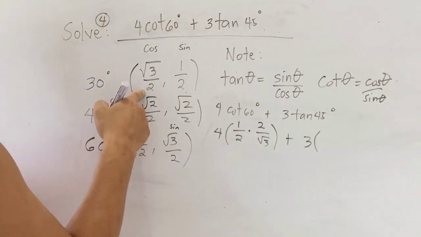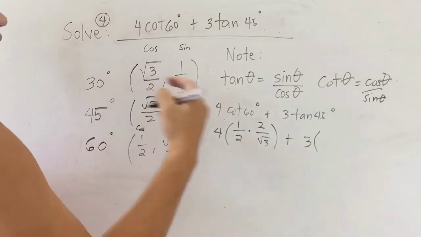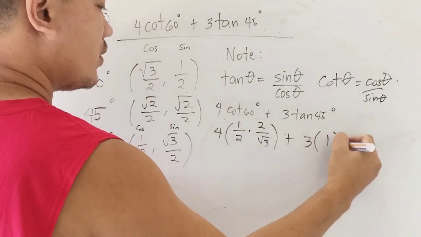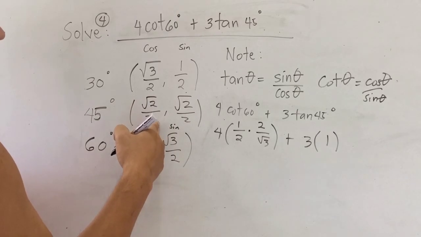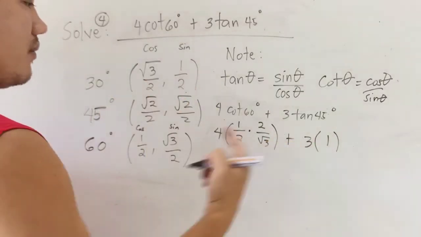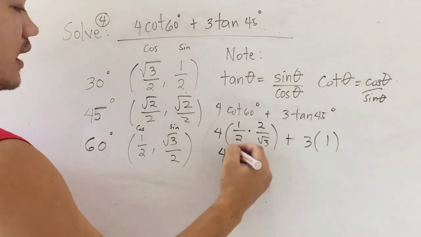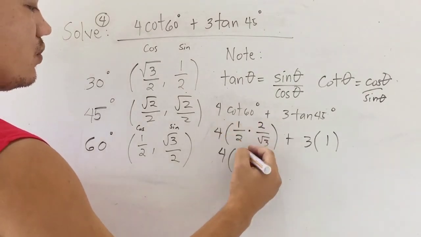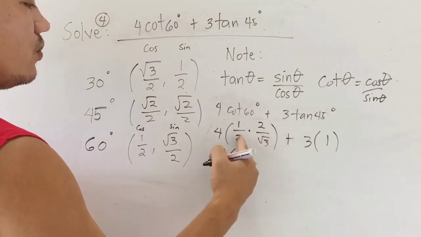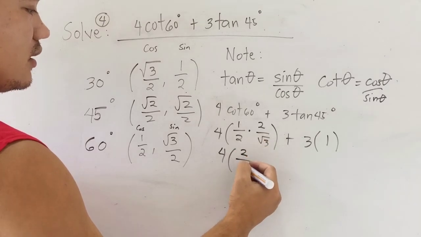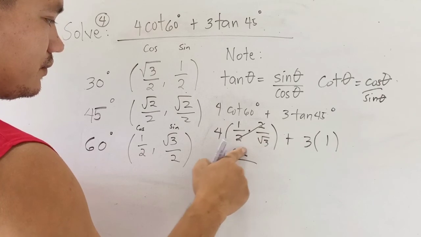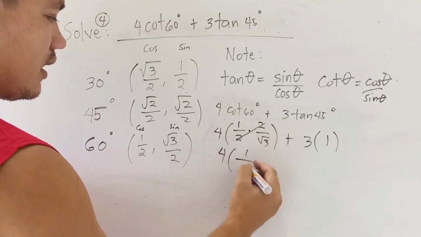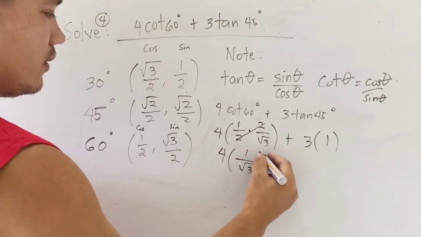Sine divided by cosine is 1 because square root of 2 over 2 divided by square root of 2 over 2 is 1. 4 times 1/2 times 2 over square root of 3, makakancel, ang matitira na lang natin ay 1 over square root of 3.